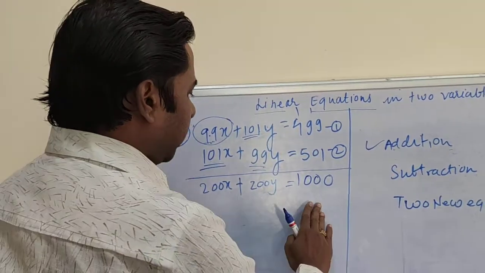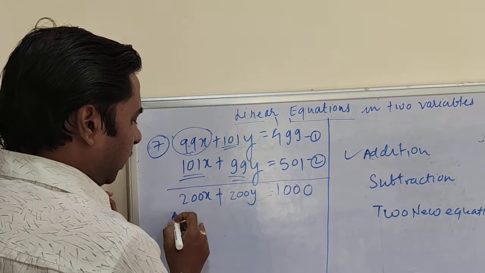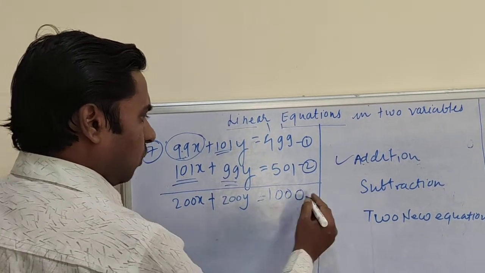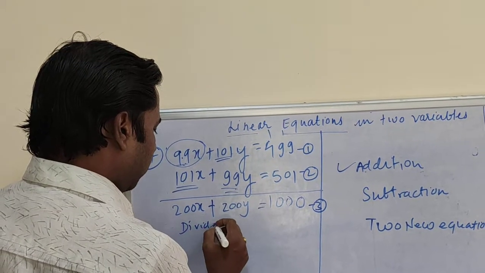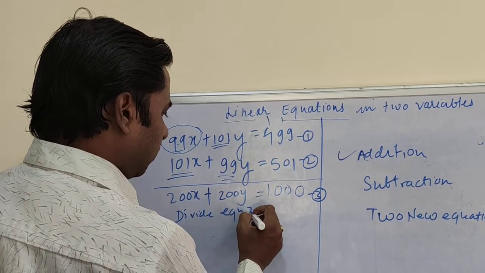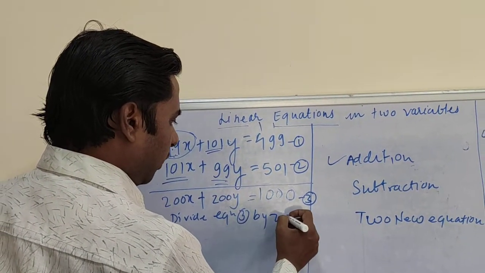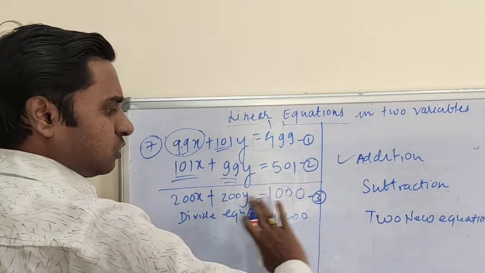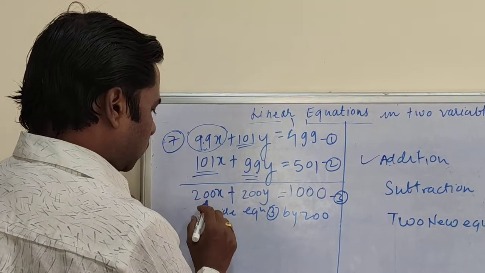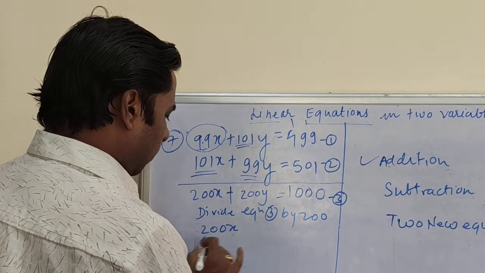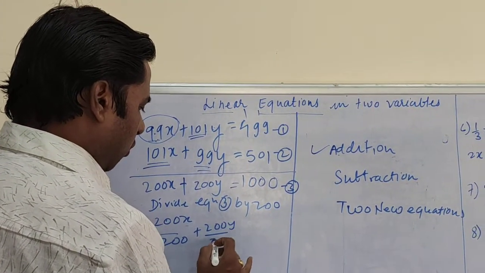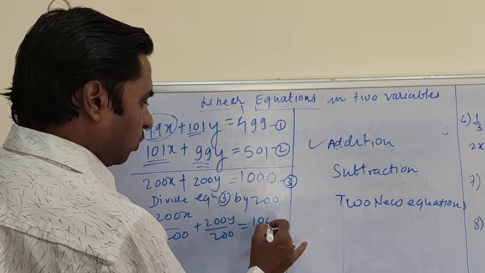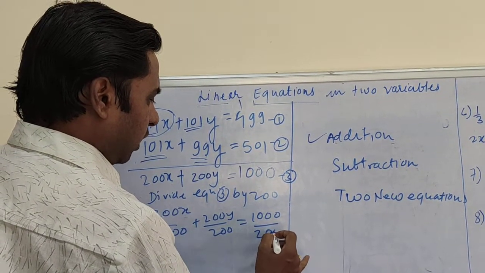Now we can reduce this equation by dividing throughout by 200. This is equation 3. Divide equation 3 by 200. Why by 200? Because it will get simplified. So 200x upon 200, 200y upon 200, and 1000 upon 200.